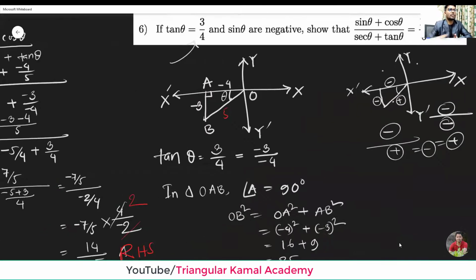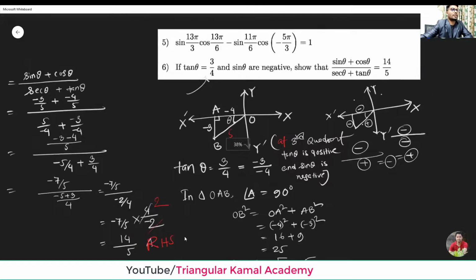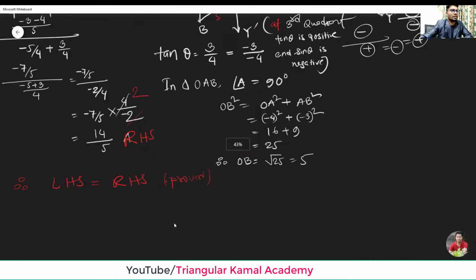Suppose, just add this extra line, in the third quadrant, tan theta is positive and sin theta is negative. So we should add this at the beginning of the question. So now this is our full answer, question number 6 done.